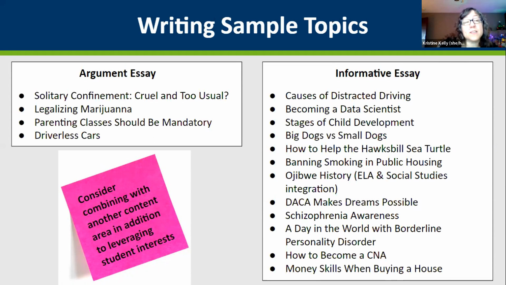The Ojibwe history came from a class that's being taught combining social studies and ELA, with a lot of different themes there. And I included big dogs versus small dogs. I loved this one. We have to remember that there's a wide range of topics, and this is really a chance for students to choose something that they're really interested in, and consider combining the student writing with science and social studies.